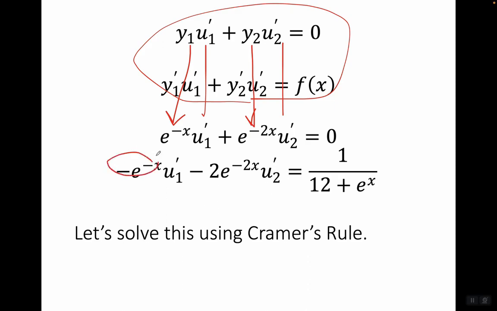That's the derivative of e to the negative x. And y2 prime is going to be the derivative of y2, so it'll be negative 2 e to the negative 2x. Okay, so we have this system of equations. The variables are u1 prime and u2 prime. Let's solve it. Again, the right side is the right side of the non-homogeneous equation, 1 over 12 plus e to the x. Let's solve this using Cramer's rule.